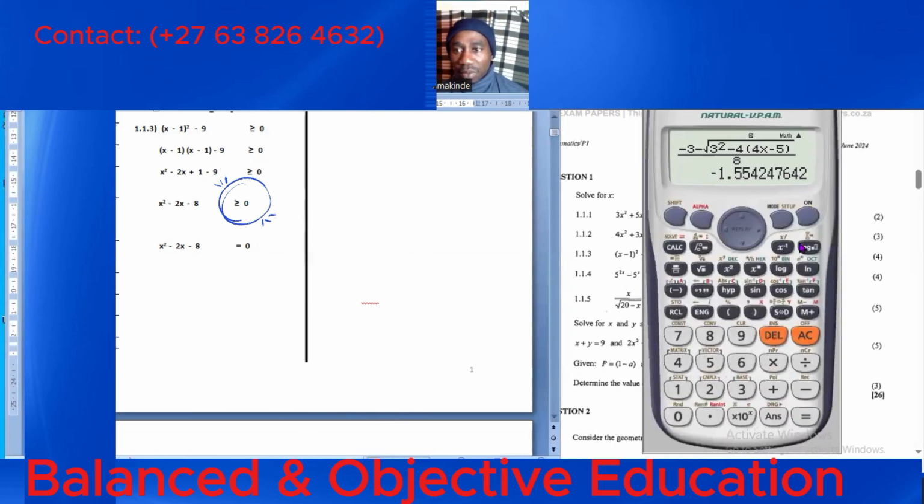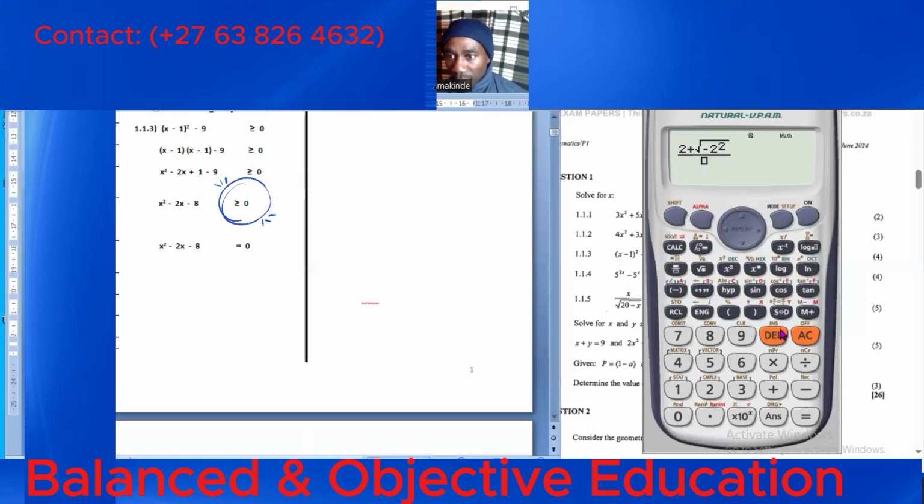Using the quadratic formula, you click here, then minus b will be minus minus 2. That gives us +2. Then plus the square root of -2 squared. Okay, let's do something here in order to avoid mistakes.